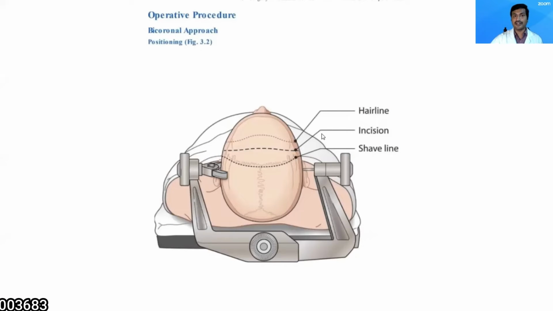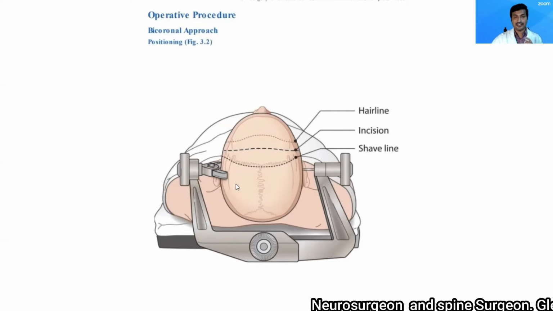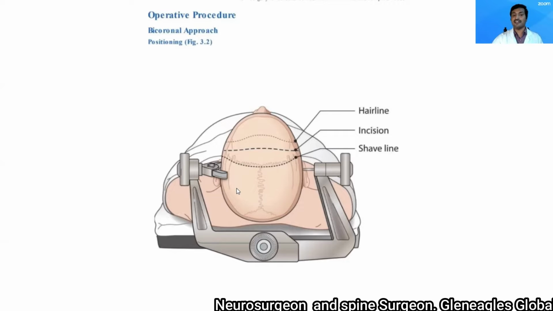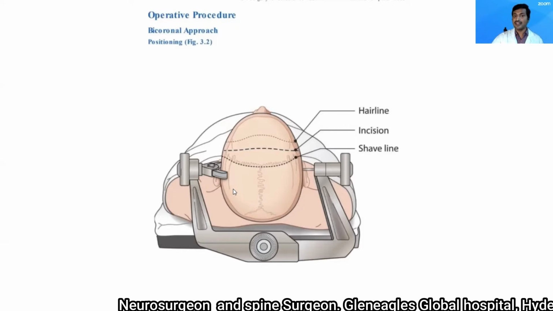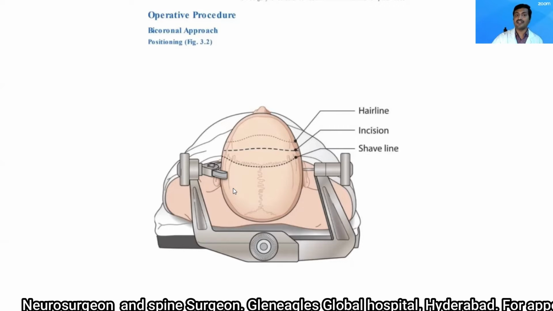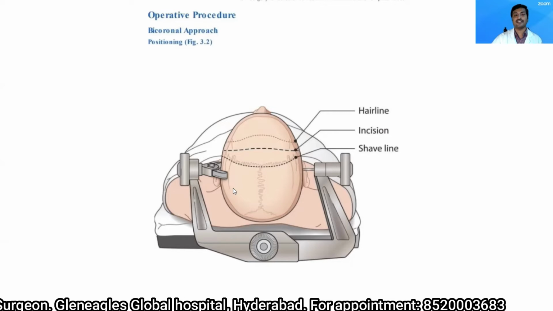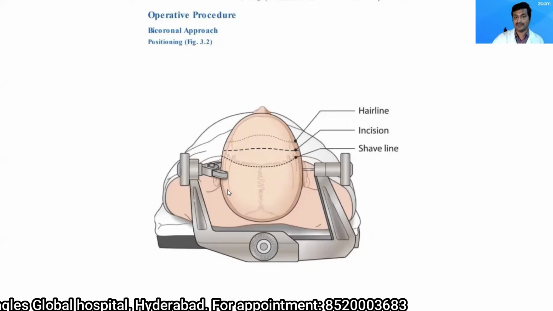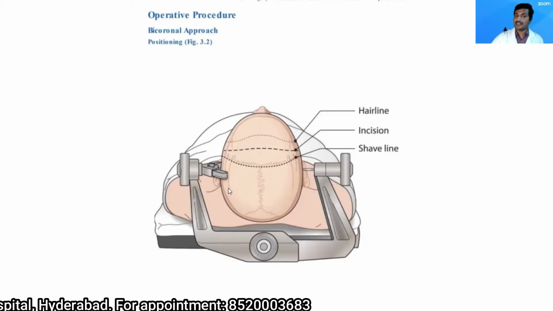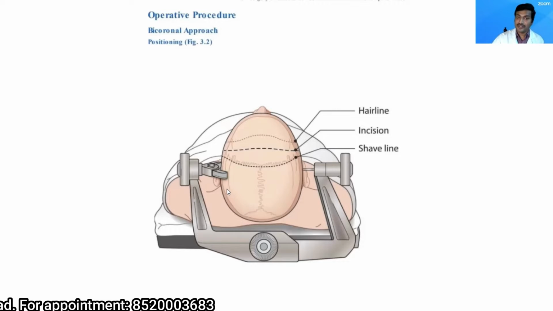Coming to the operative position, we fix the head. Even in my institute, and in my personal experience, if I'm planning a bicoronal technique, I prefer rigid immobilization in a 3-pin headrest. But sometimes if you have to save time, you can position it on a horseshoe headrest.